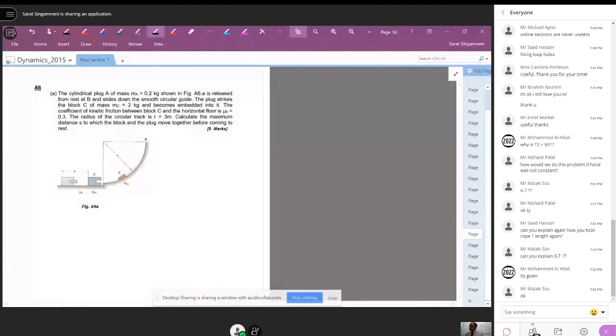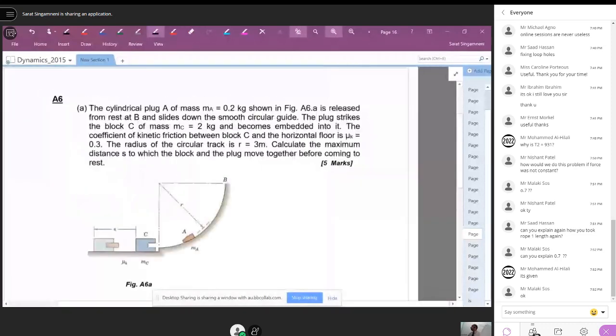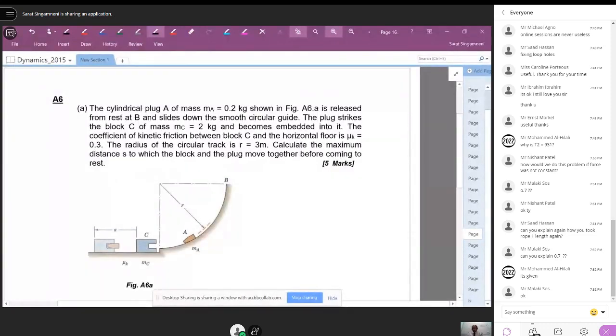And this one, what's happening here is B to C, work energy equation. If you apply, you will get velocity of A with which it is going to hit C at the bottom.